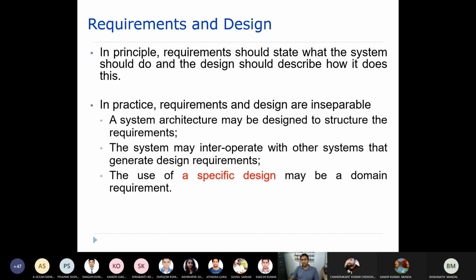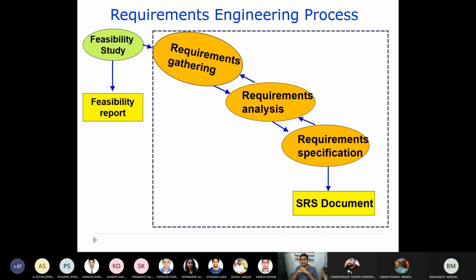Now, this whole requirement engineering process can be shown through this type of flow diagram. Very first, you have a feasibility study. After going through the feasibility study, it is going to generate a feasibility report. Once the feasibility study is done, we go into requirements gathering.